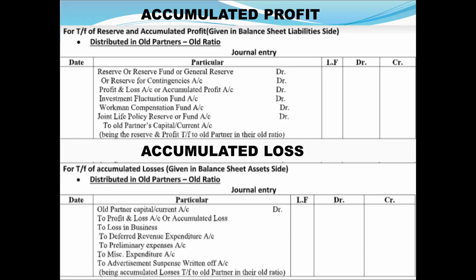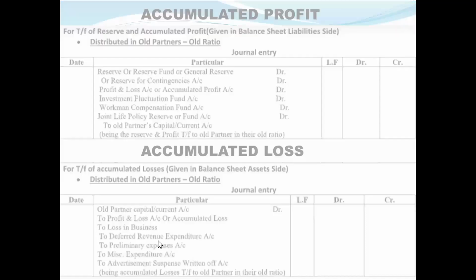In this step, you will meet a loss. To bear this loss, you have to create one account. That is the account advertisement suspense written off. Suspense written off means you bear that loss.